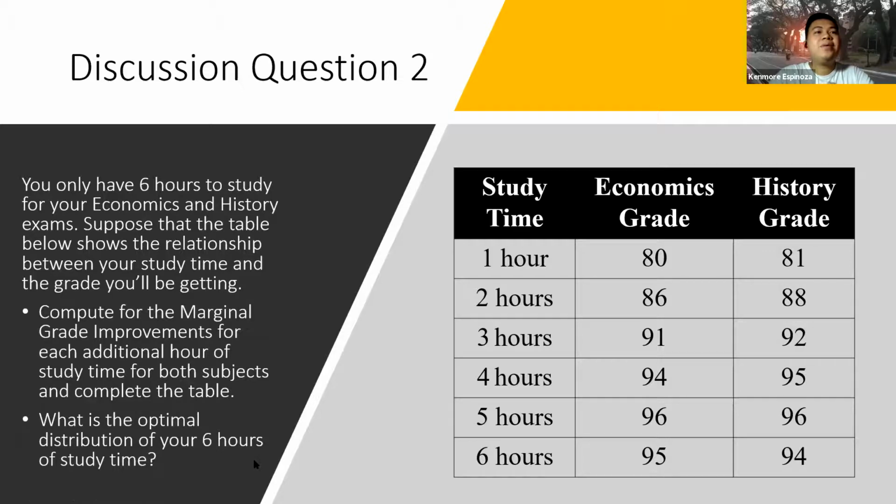Suppose the table here shows the relationship between your study time and the grade you'll be getting. First, compute your marginal grade improvements for both subjects and then identify how many hours you would allocate for econ and for history. Okay, anyone?